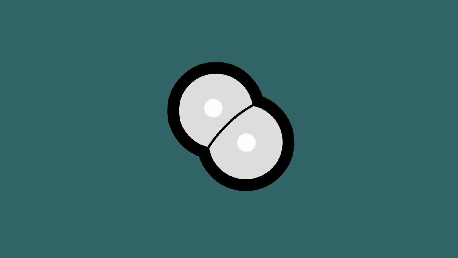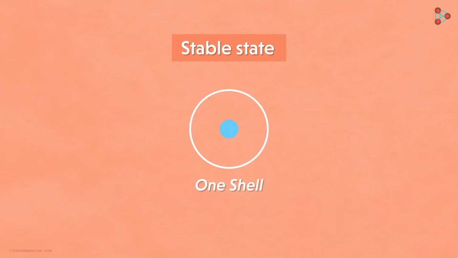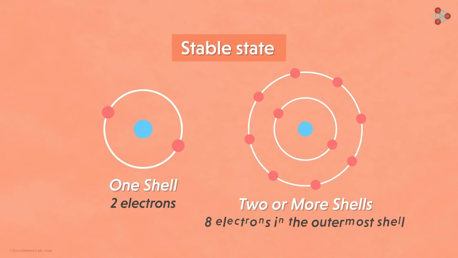In order to attain a stable state, these unstable atoms need to attain a state of either duplet or octet. If the atom has a single shell, then the stable state is achieved by having 2 electrons in it, and this is called a duplet. And if the atoms have 2 or more shells, then the stable state is achieved when the outermost shell contains 8 electrons, and this is an octet.